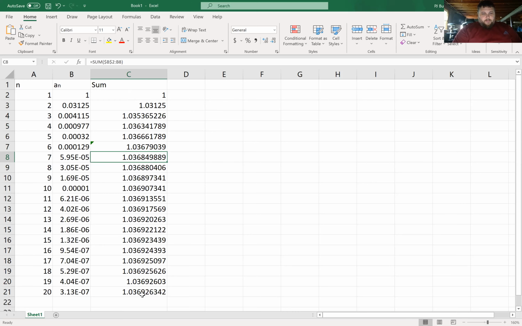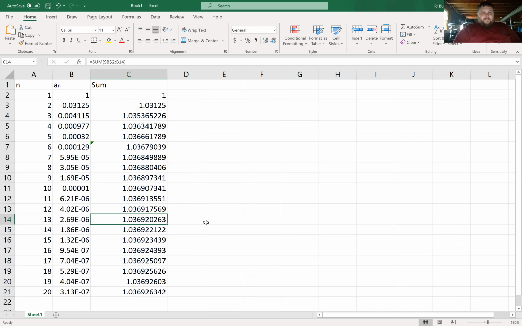Okay. Then the next digit looks like 3692, and that stays the same. So that would be 1, 2, 3, 4, 5. Okay, so 3692 looks like that is the accuracy that we want. Now the question is, when is the first time that it does that?